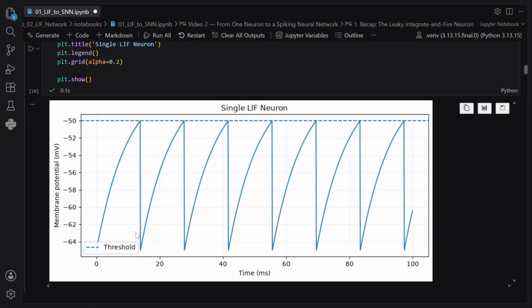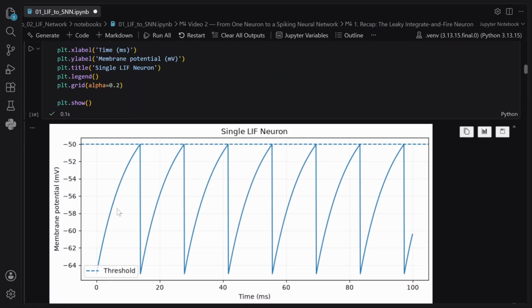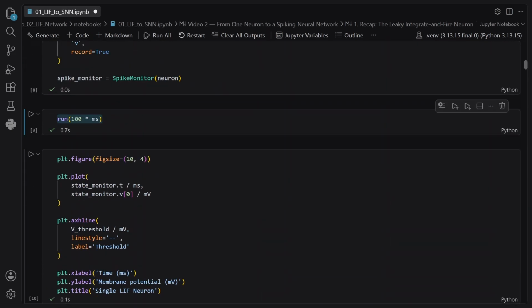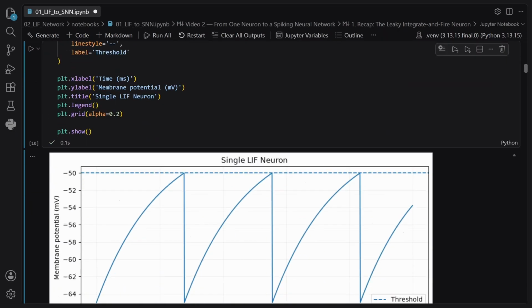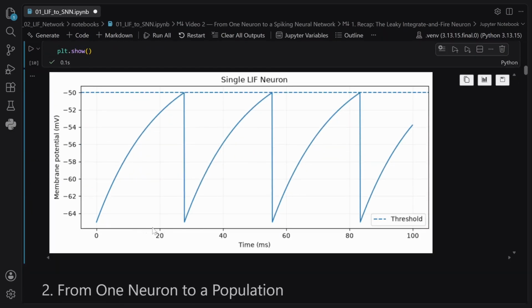Keep this in mind, especially 18 milliseconds. Now notice this huge time. So that is how time constant affects our model. It takes a lot longer to reach the threshold if I increase the time constant.